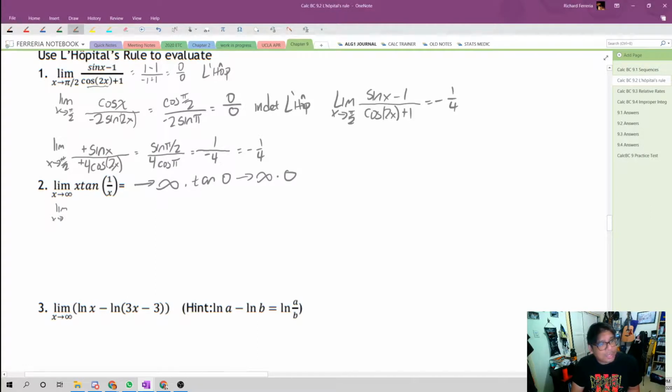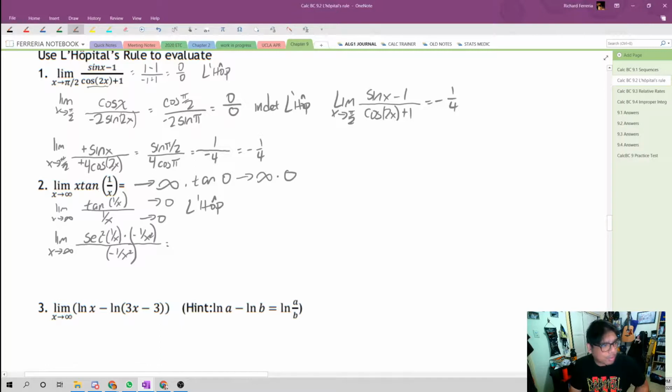Limit as x approaches infinity, tangent 1 over x over 1 over x. So now when I do this, I get 0 over 0. So we use L'Hopital's rule. The derivative of tangent is secant squared 1 over x.